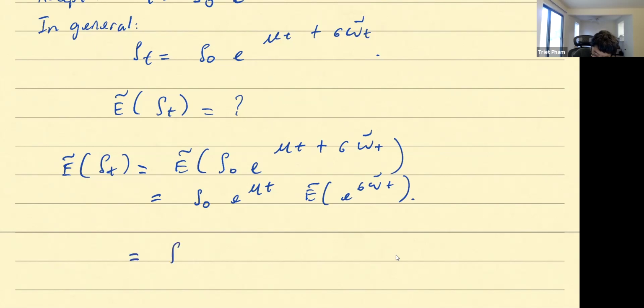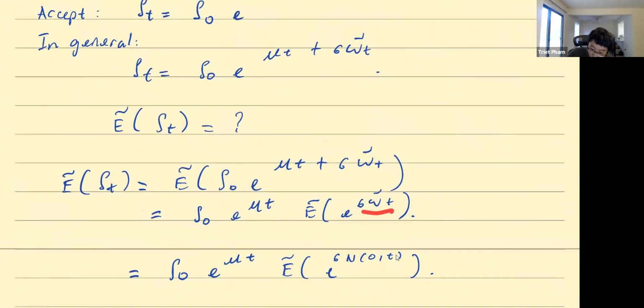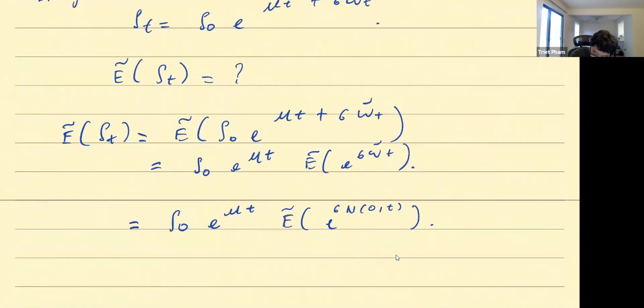So what you're dealing with is something like the expectation of a normal, with sigma here, with mean 0 and variance t. Why? Because the Brownian motion, you can look at W tilde t as W tilde t minus W tilde 0, because the Brownian motion starts at 0.